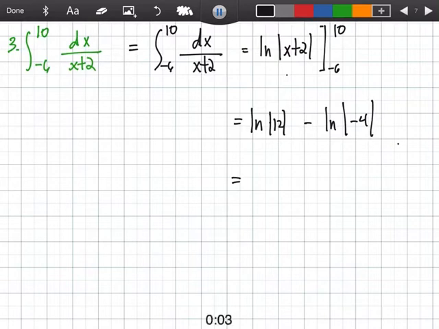Ln of 12 minus ln of negative 4. On our calculator, okay, hanapin ko pa yung calculator ko. Ln of 12 minus ln of 4. This is 1.0986.